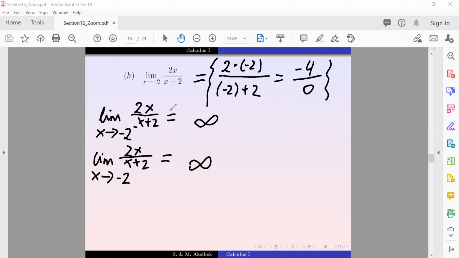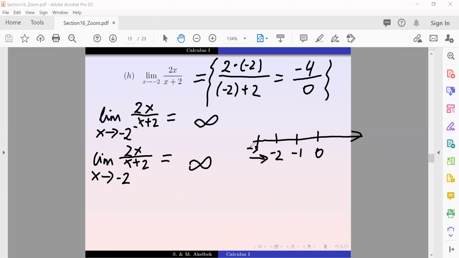So to decide whether it's positive or negative infinity, choose a number. We have 0, -1, -2. From the left side of -2, the number could be -3, right?